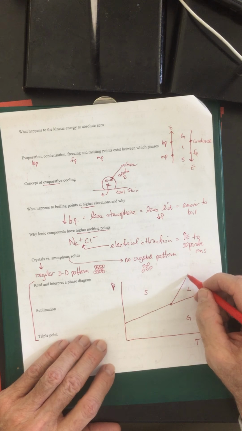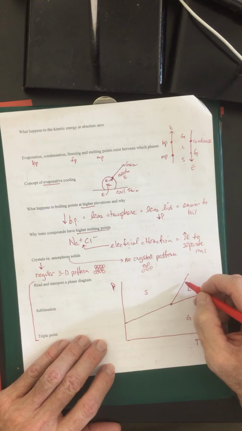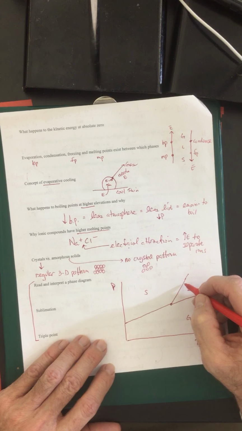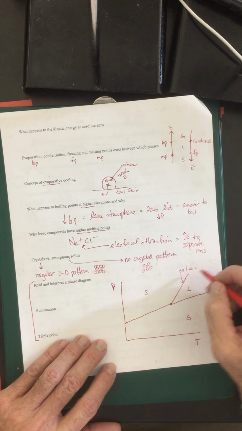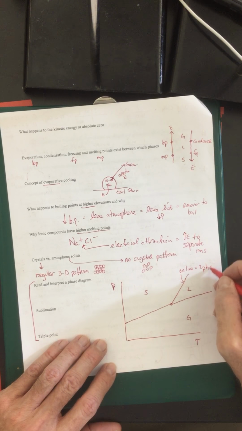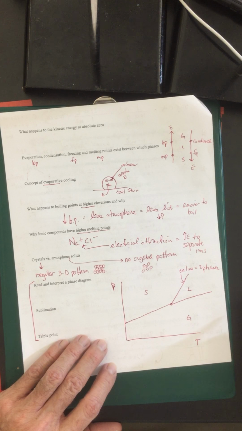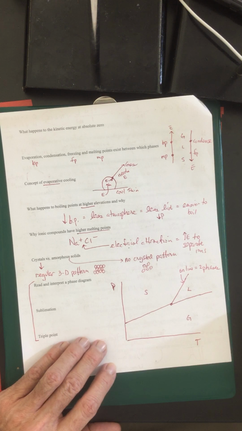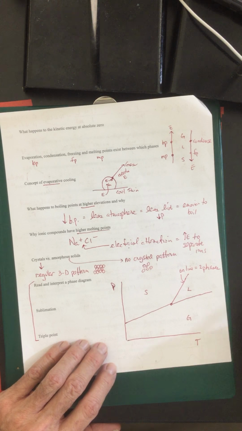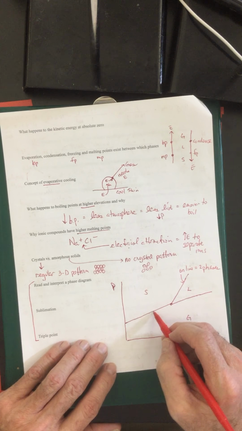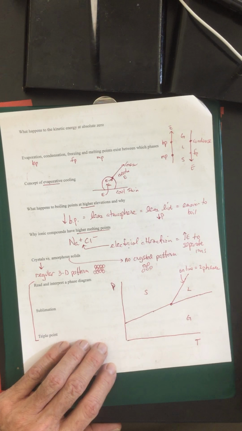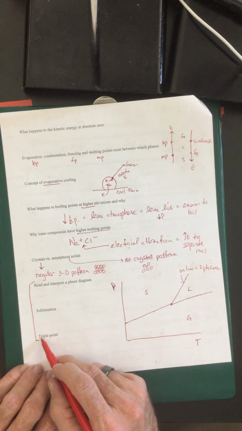If you're on the line, like right here, you're between two phases. When you're on the line, you have two phases. If you're on this line right here, you're between a liquid and a gas. If you're here, you're between a solid and a gas. And right here is a very special point, the triple point.